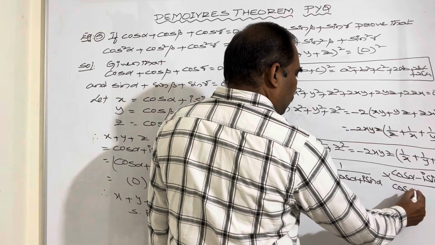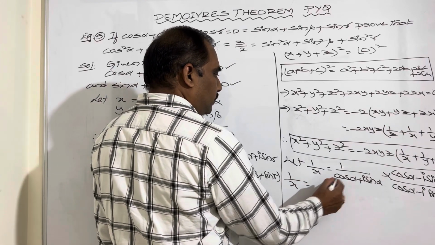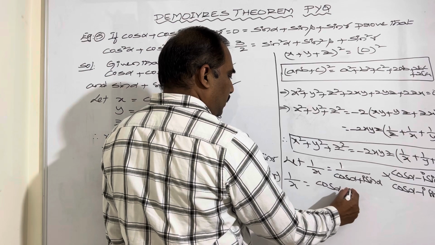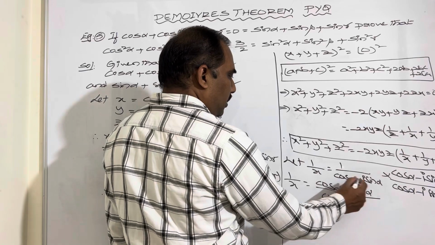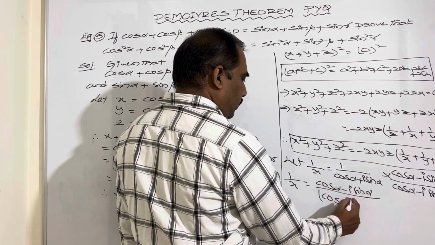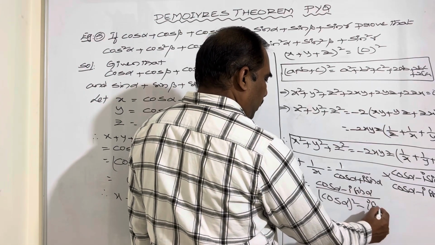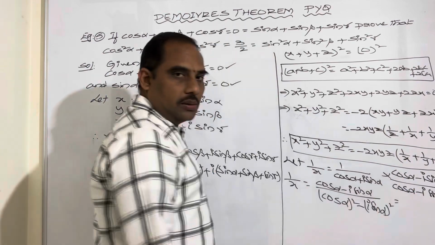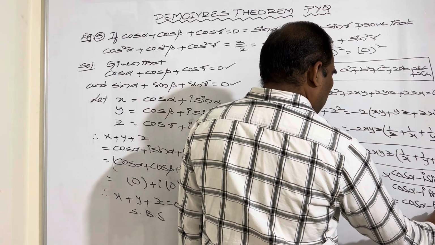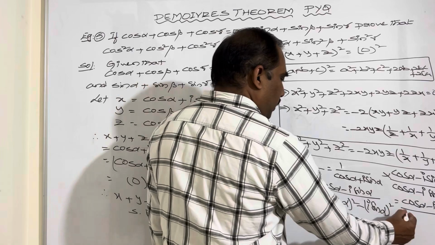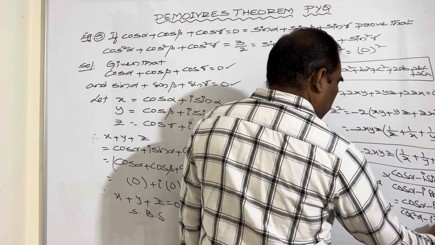So we get 1 by x is equal to cos alpha minus I sin alpha divided by, like a plus b into a minus b, cos alpha whole square, and a square minus b square, that is minus I sin alpha whole square, which becomes cos alpha minus I sin alpha divided by cos square alpha minus I square sin square alpha.